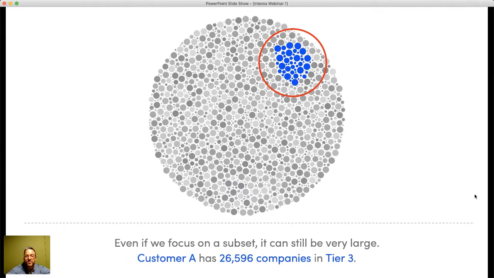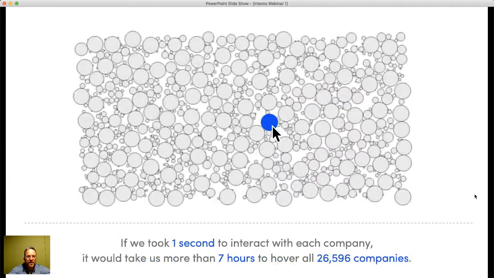Tier 3 gets really crazy with some customers. So if we took 1 second to interact with each company of that customer in tier 3, it would take us more than 7 hours to go over all 26,000 companies. That's a lot of time. That's just impractical from a user experience standpoint.